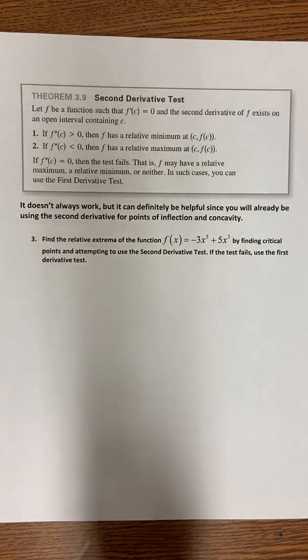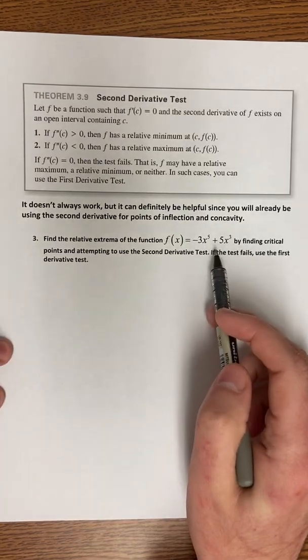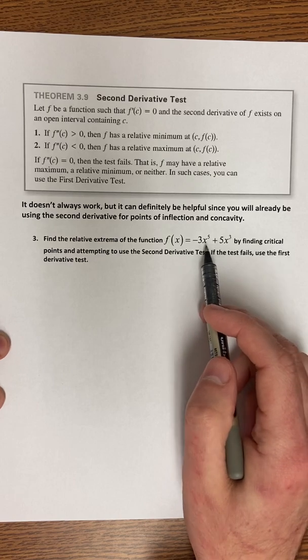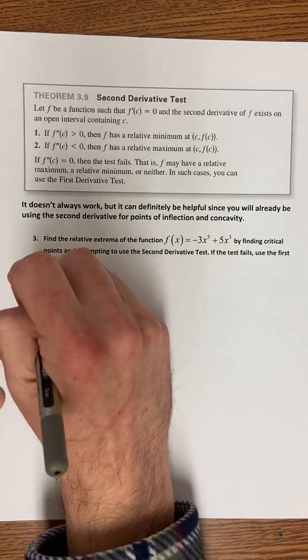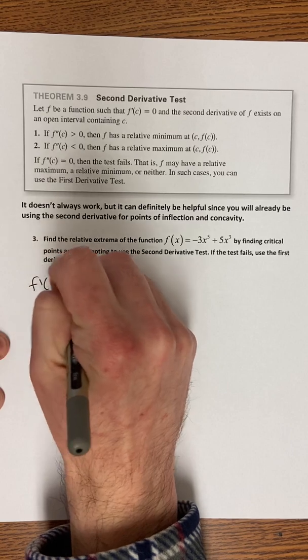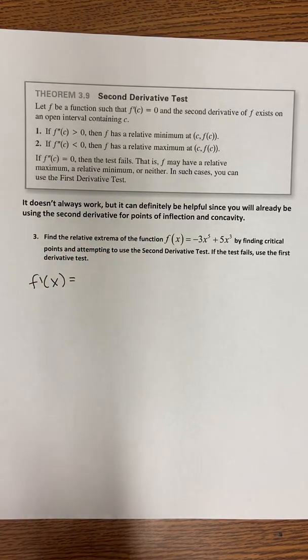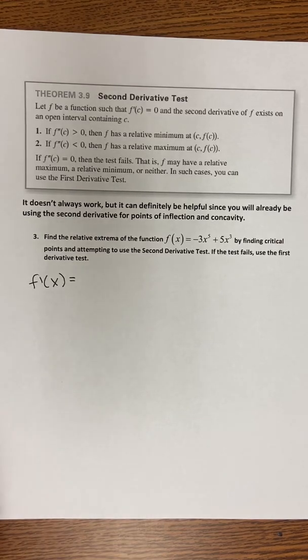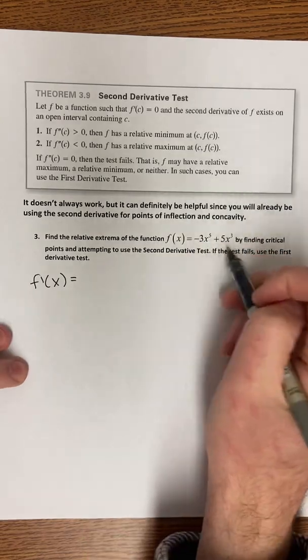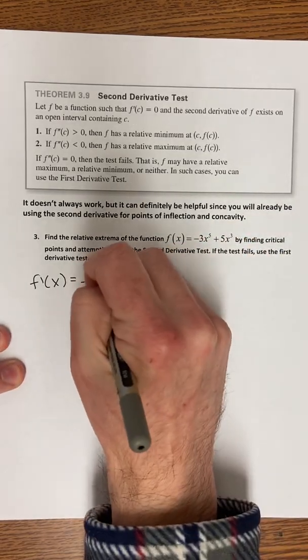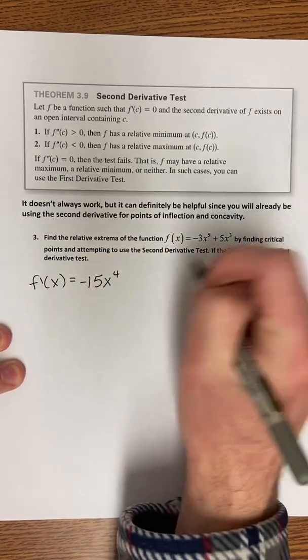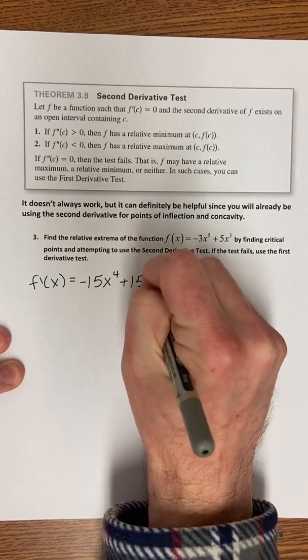So here in particular, let's take the first derivative, f prime of x. We're finding the relative extrema using the critical points and attempting to use the second derivative test when possible. If not, we'll revert back to the first derivative test. So the first derivative of this is negative 15x to the fourth plus 15x squared.